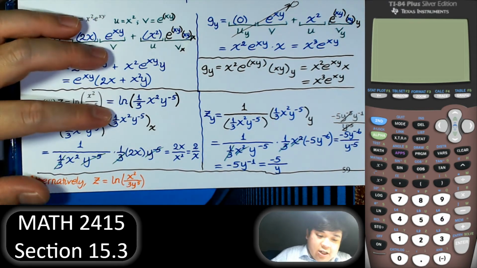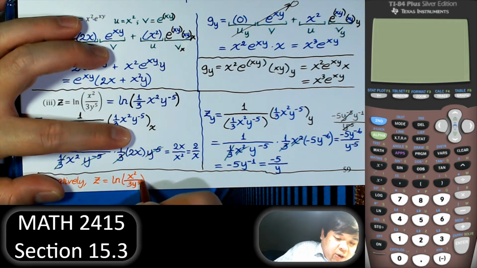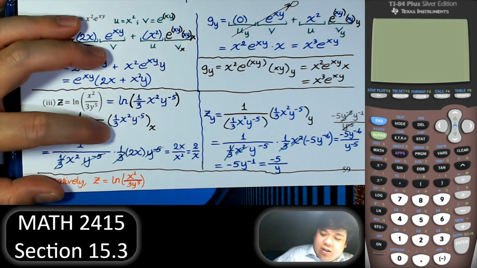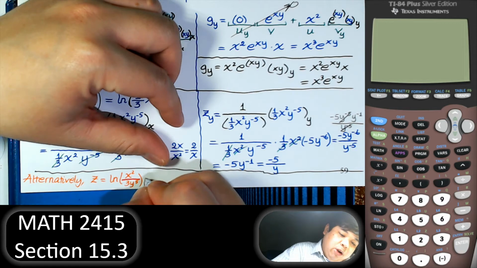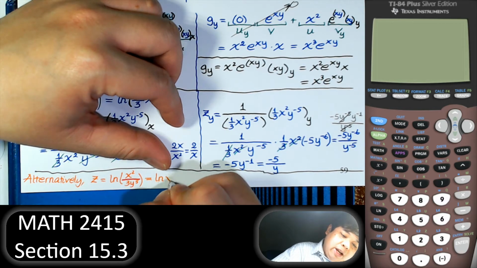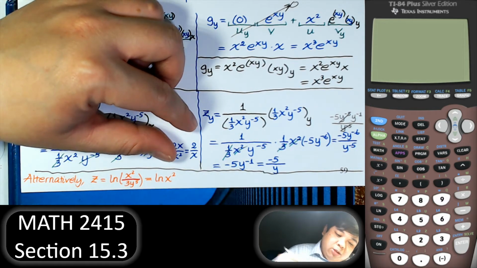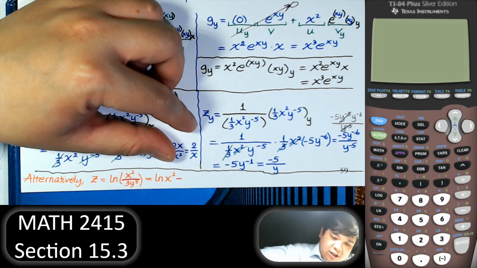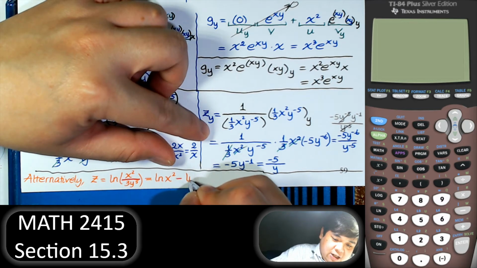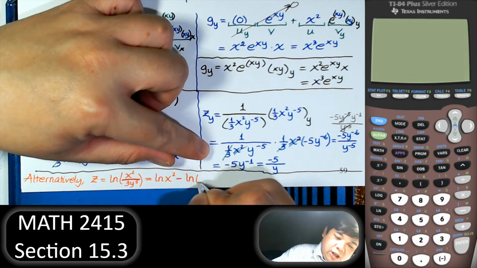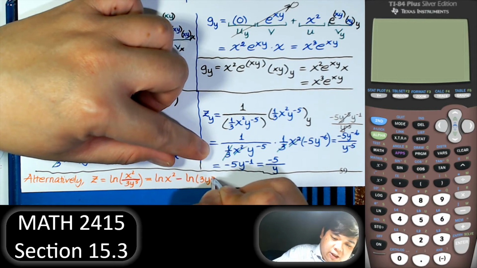Now notice that this is a ln of a quotient. It's going to be ln of x squared subtract ln of 3y to the 5th.